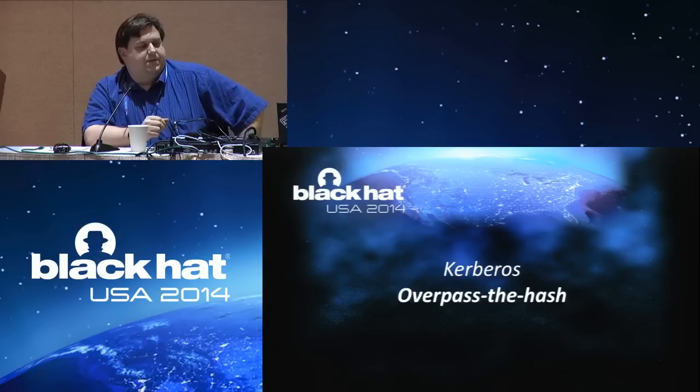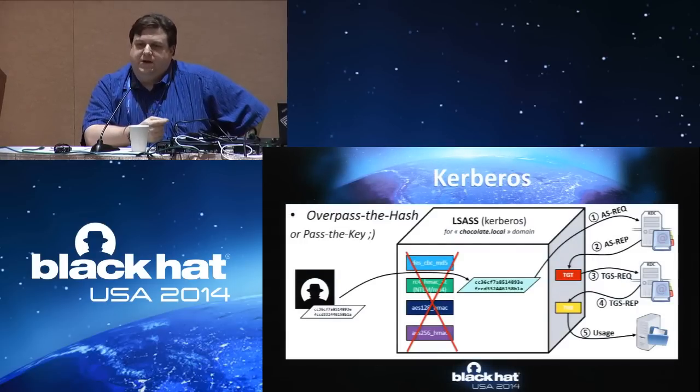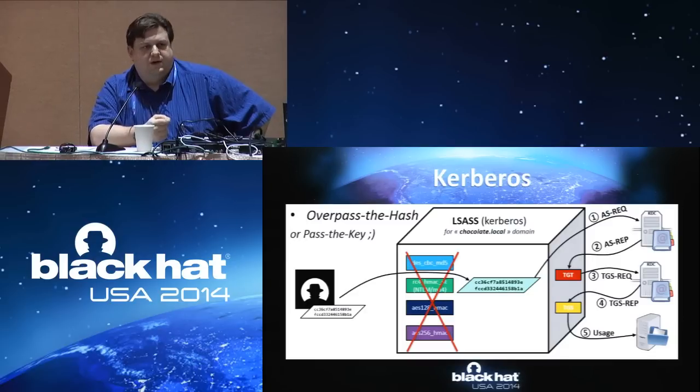I'm going to briefly talk about a new feature that we're introducing called overpass to hash. So remember how I said that a timestamp was being encrypted by the user's long-term key, and that's how you demonstrate you have access to the password?